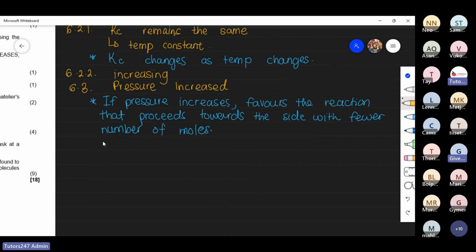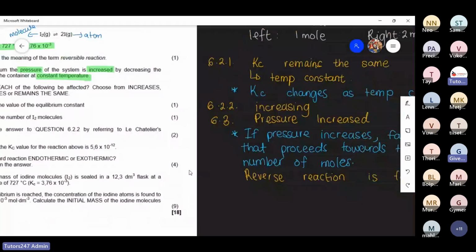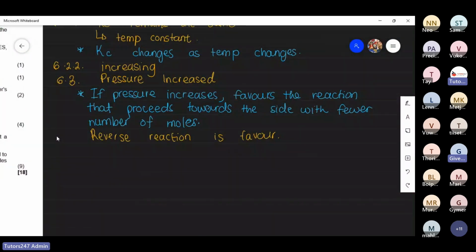So the reverse reaction will be favored. That'll earn us 1 mark. Let us see how many marks this is out of. It's out of 2 marks. So let us add in 1 more note to obtain 1 more mark. So it is favoring the reverse reaction.